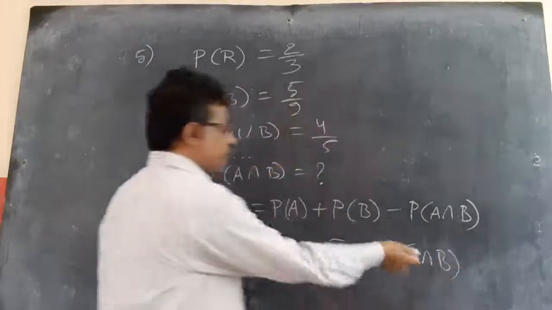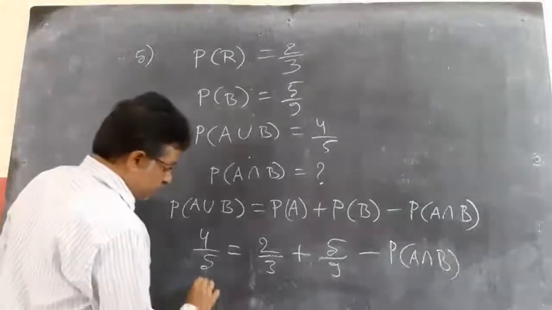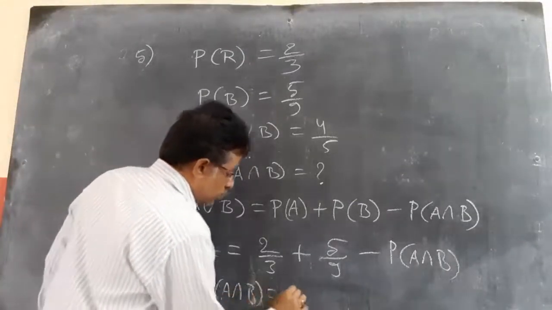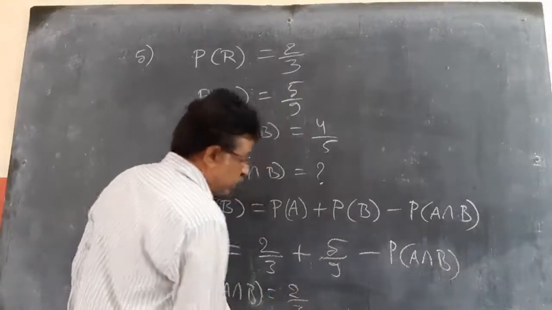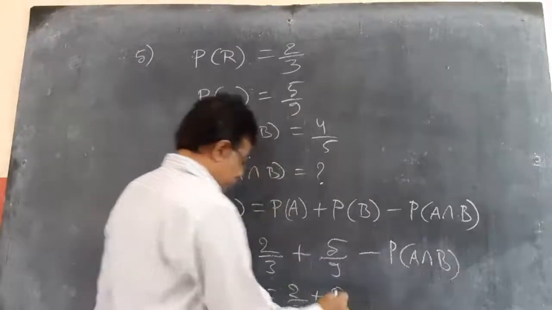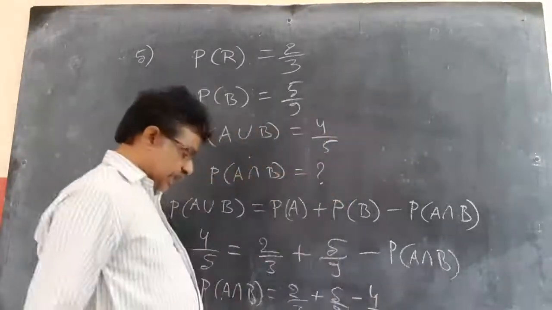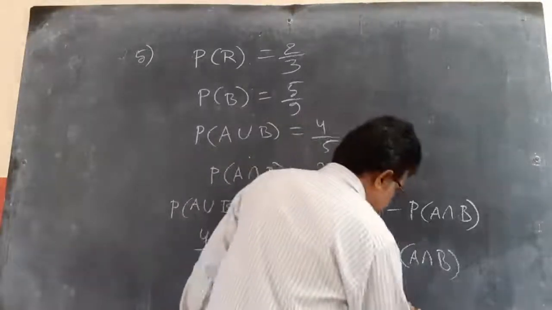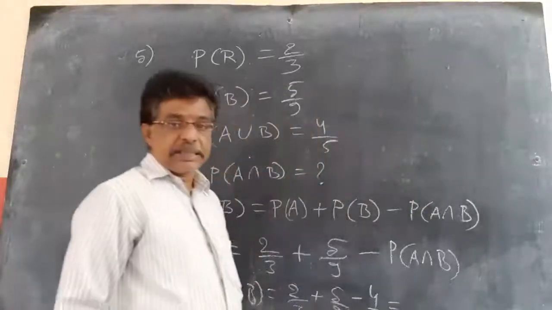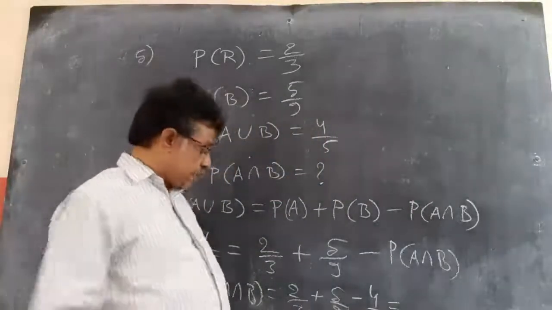So bring minus P of A intersection B to this side, and 4 by 5 to that side. It becomes P of A intersection B equal to 2 by 3 plus 5 by 9 minus 4 by 5. Now take the LCM. 9 times 5 is 45, the LCM is 45.